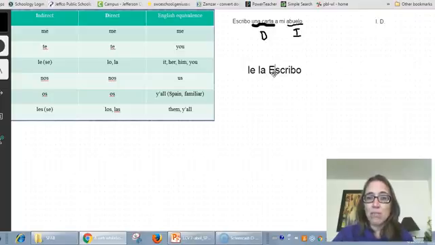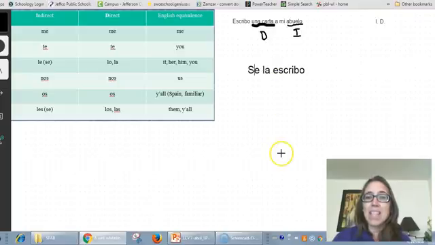So far I've ended up with le, la, escribo. The problem is, in Spanish, we never have the l sounds together. So we're not going to stick with le, la. We have to change the first one, the le, to a se. All we're doing is getting rid of the l sound.